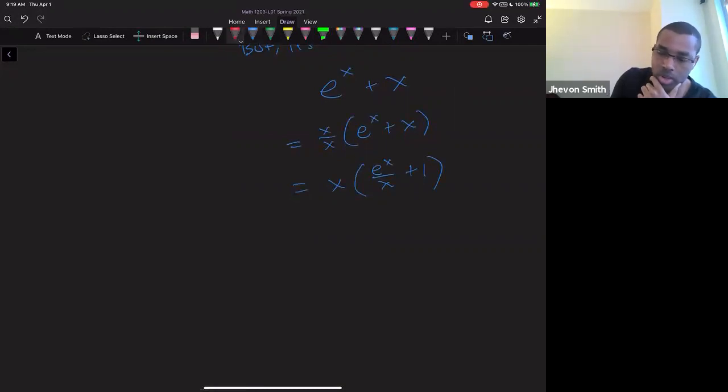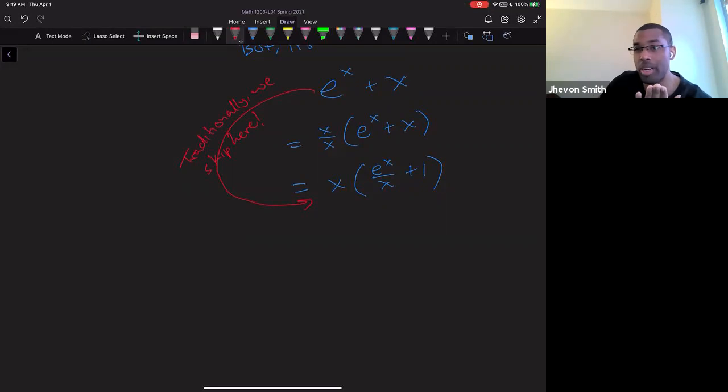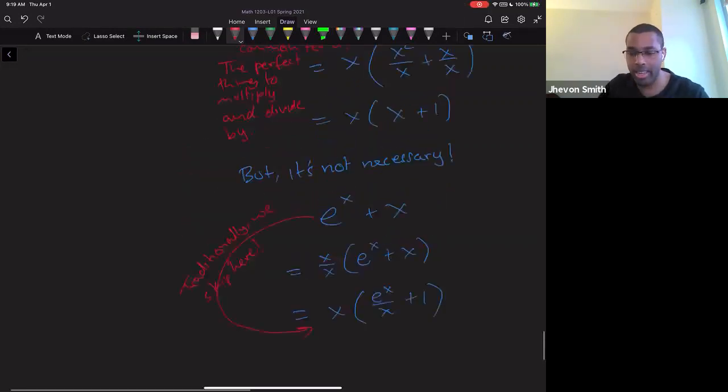Of course, normally you would skip over this traditionally. We skip here. And so, yeah, I have e to the x plus x. x is not a common term here, but it doesn't matter. I can still factor it out. I'm assuming my x is not 0. You can always factor out anything other than 0.